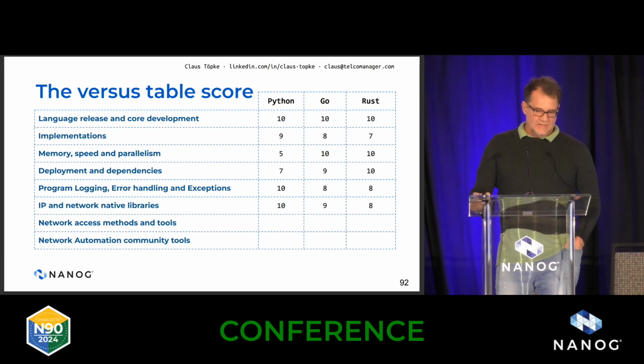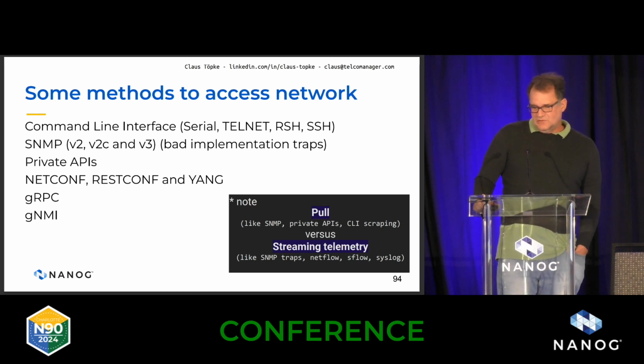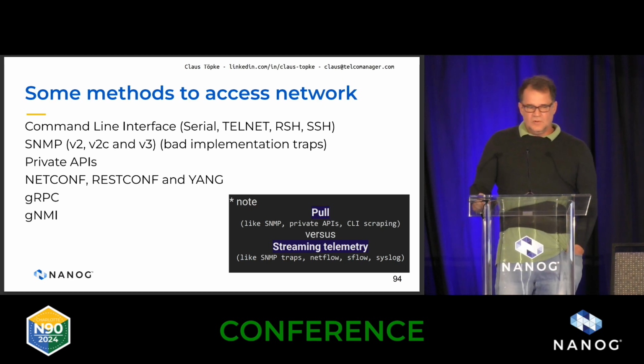Let's go to network access methods and tools. This is interesting because we have to talk a little bit of history of connecting to the devices. A long time ago, I remember working in 1994, 1995, the only way to get information from a router was actually to access via telnet.